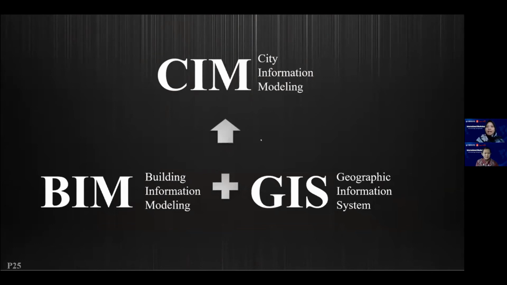City information modeling itself is an organic synthesis of 3D urban spatial models and urban dynamic information, forming a comprehensive urban information management platform, including BIM, geospatial data, and Internet of Things data. It is the future development trend of BIM plus GIS. And based on city information modeling, we will promote smart cities to a higher level.